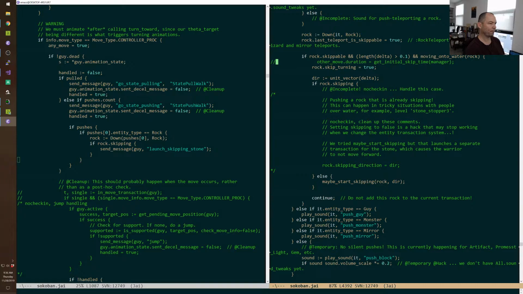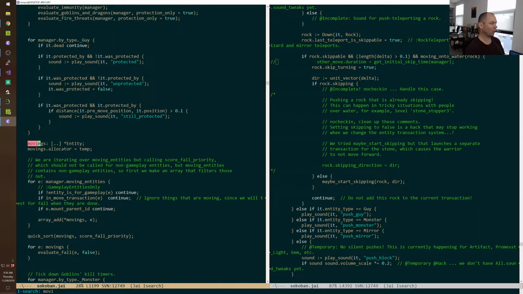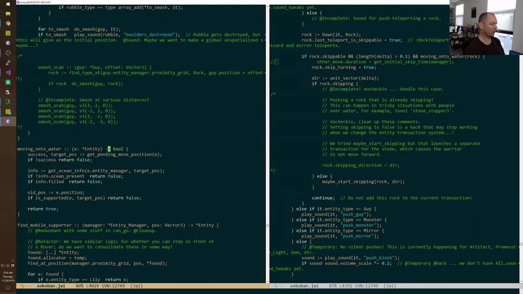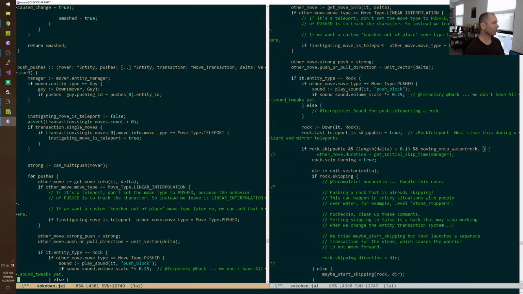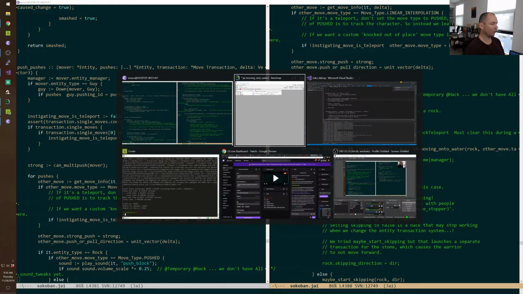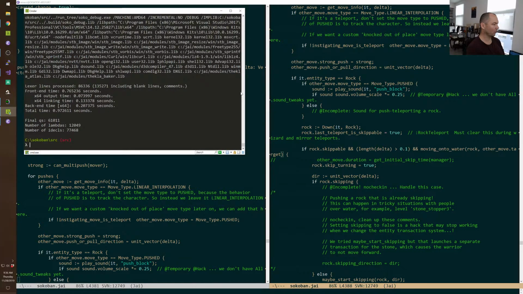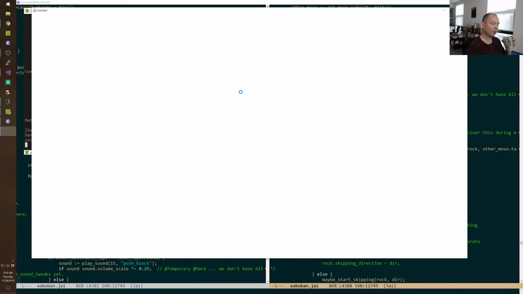Okay, so down here, moving on to water is only called from here. So we're just going to put the target position as a parameter. That's all. Is it called target or target position? It's called target. All right. Now let's see what happens.